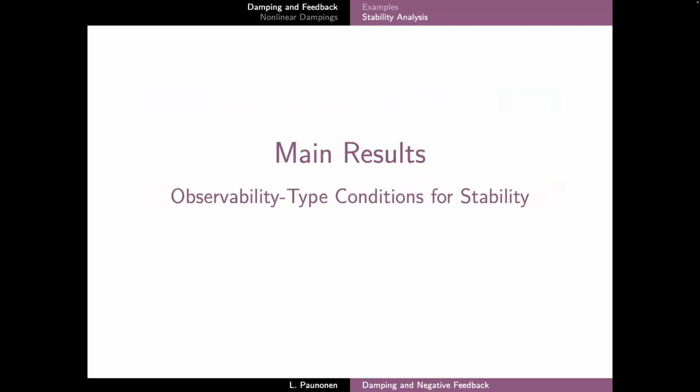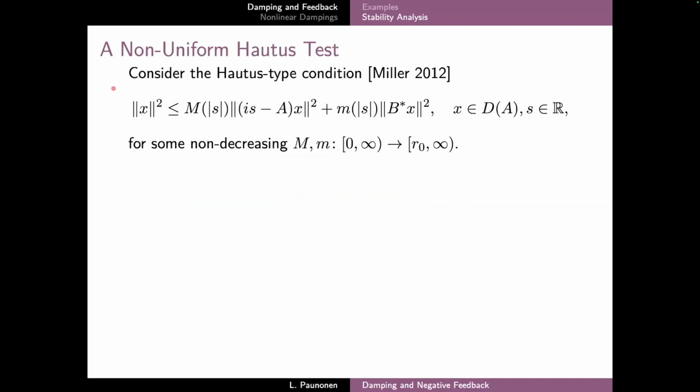And I can now present my first main results, which consist of these kinds of results which, based on an observability condition, guarantee a resolvent estimate for the damped equation. And in the first result, we consider a condition which is an observability type condition, which looks like this.